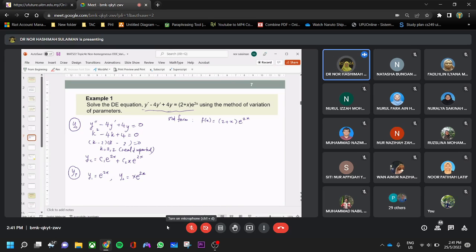You just take it as it is because the coefficient of the term with the highest derivative, which is y double prime, happens to be 1. So it's already in standard form. Okay? So maknanya kita boleh je ambil yang belah kanan ni sebagai kita punya f of x. Okay. Right. So bila dah dapat dia punya y1, y2 dengan f of x ni tadi, tulislah kat sini ya, f of x kita adalah 2 plus x e to the power of 2x.